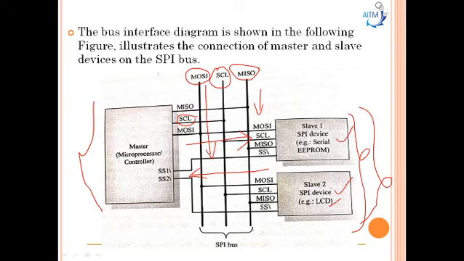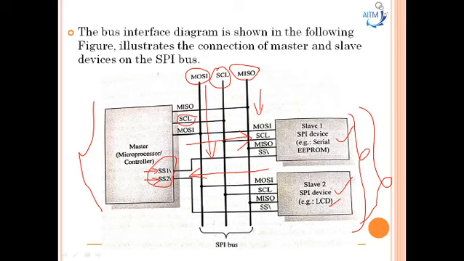So this line carries the clock signals, and the slave select, that is SS, which will select the slaves. Here in this case we have two slaves, so this will select slave 1, and this SS2 will select slave 2 here.